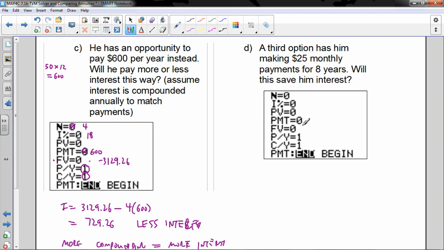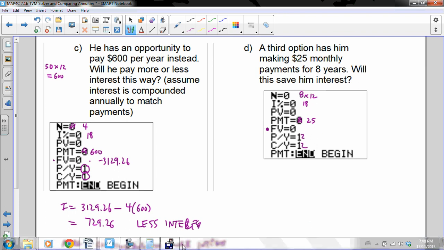Well, let's check it out. 8 years. And notice, by the way, that's still the same amount. Twice as long, half as much is still the same amount. 18% interest. The payment's going to be $25 instead, and we want to find this value again. Still 12 and 12.